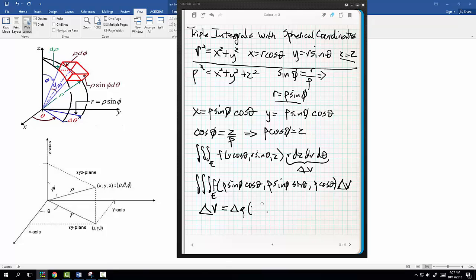The way that I just did that, this swooshing out of this little arc length right here is what? Well, it's r, and then it's this d theta. So that r we now know is rho sine phi, so rho sine of phi, and then times delta theta.